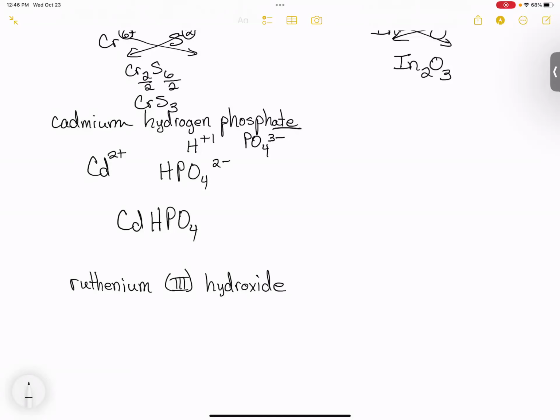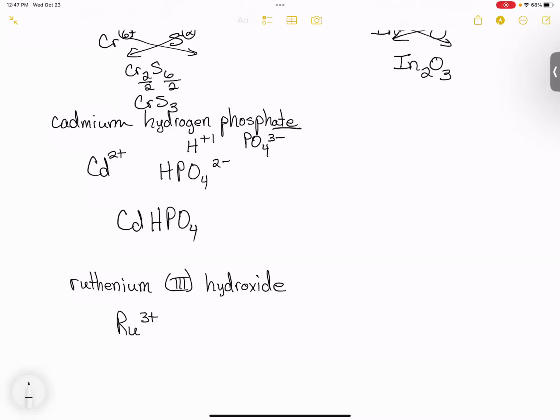Ruthenium(III) hydroxide. Ruthenium, I'm telling you what the charge is. It's a 3+. Hydroxide is one of the 3 that are ides that aren't elements: hydroxide, cyanide, and peroxide.